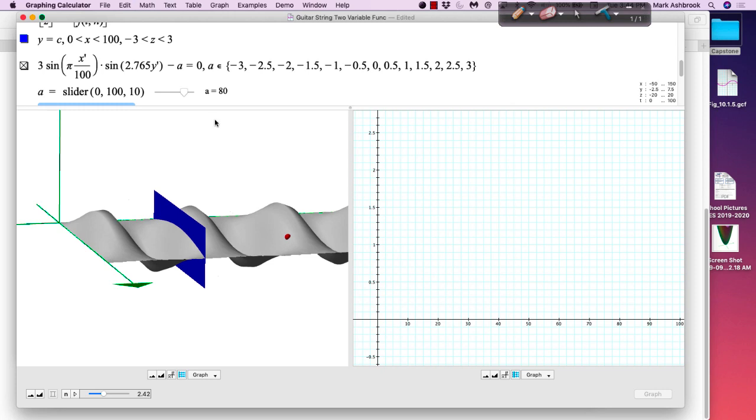Z is the displacement. The result of the function, the z value, is the displacement. When you look at all these x values and all these z values and put them all together, what are you looking at?